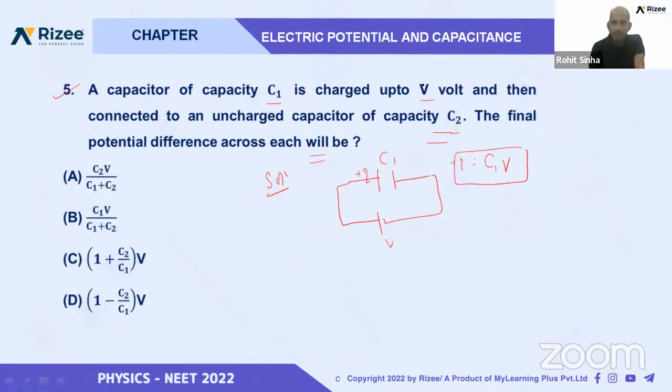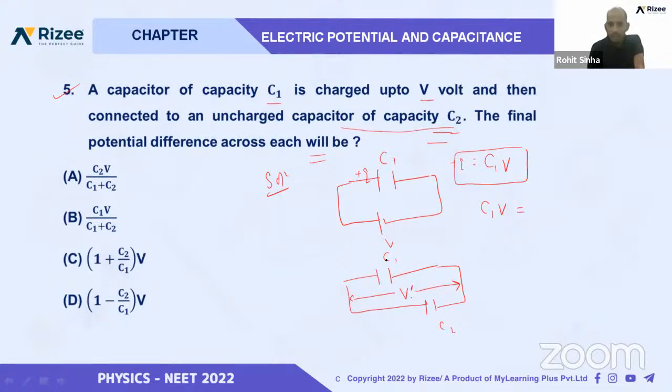Then it is connected to uncharged capacitor C2. It means that C2 is connected like this, C1 here, C2 here. We know they will get equal potential. Initial charge is C1V. Let us assume final voltage will be V dash.